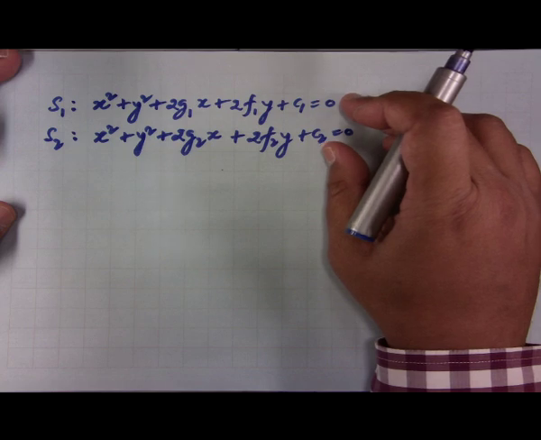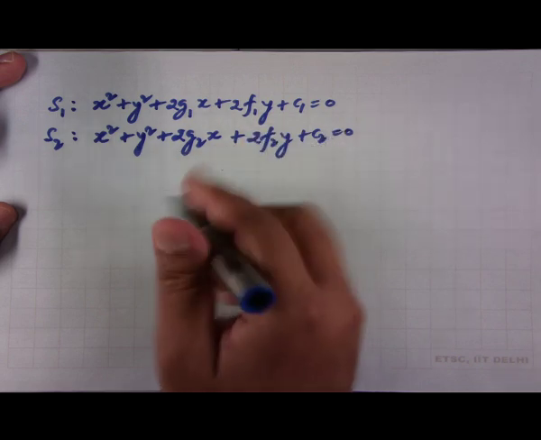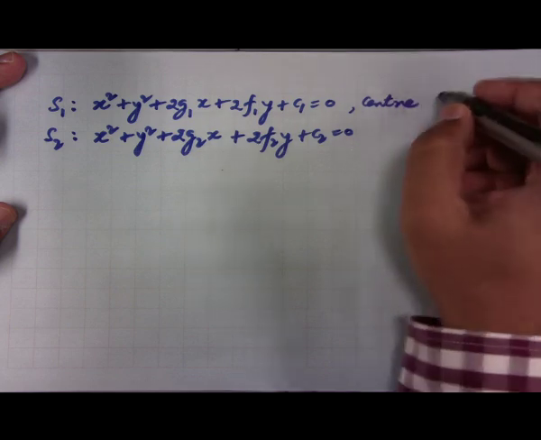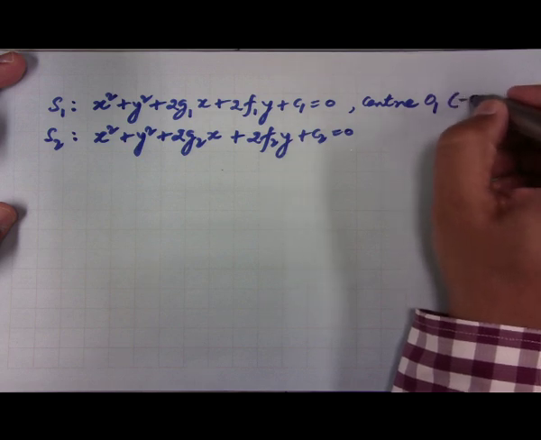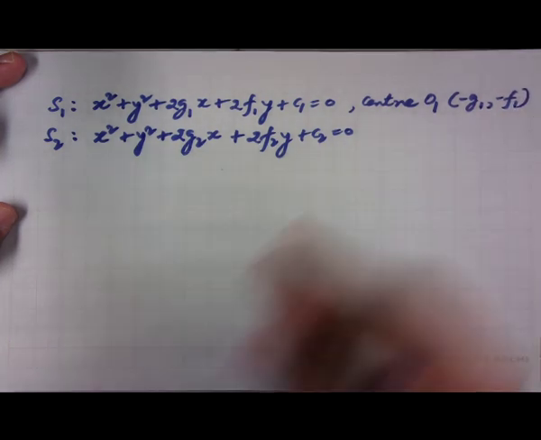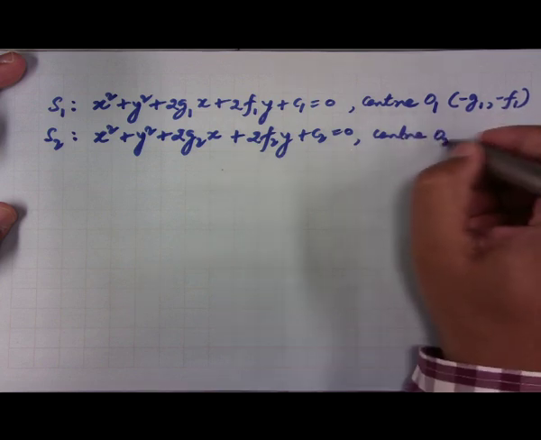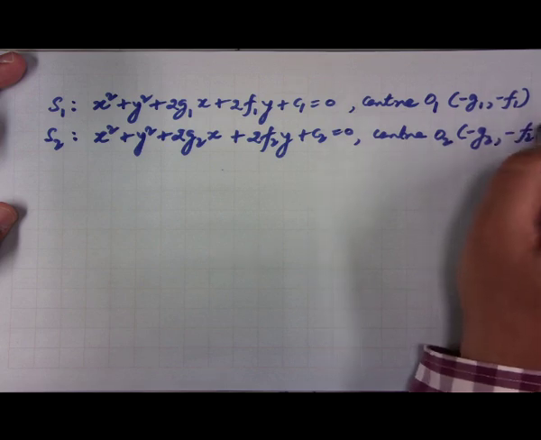two circles will intersect each other if and only if the distance between their centers satisfies a condition. Let the center of the first circle S1, denoted by O1, have coordinates minus g1, minus f1, and the center of the second circle, O2, be minus g2, minus f2.